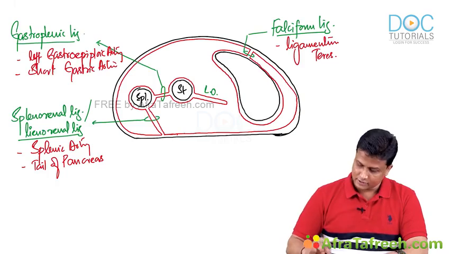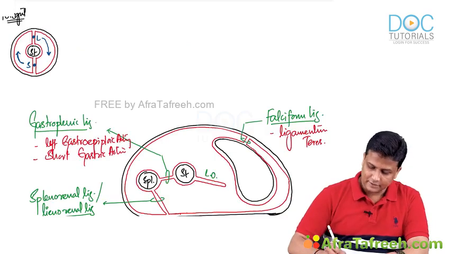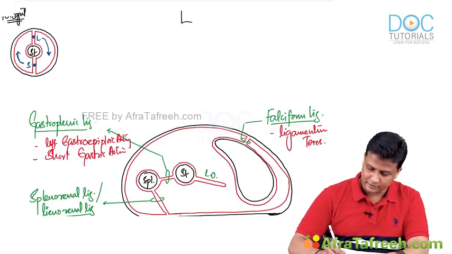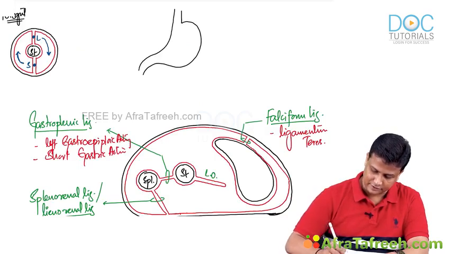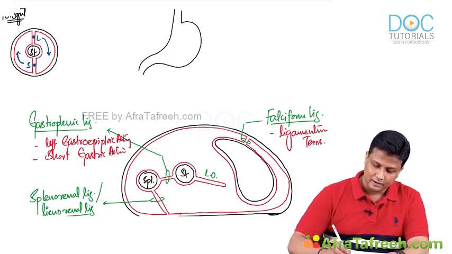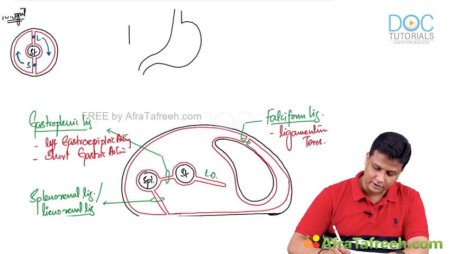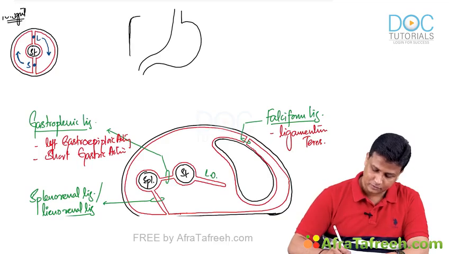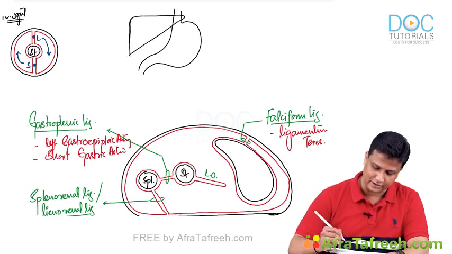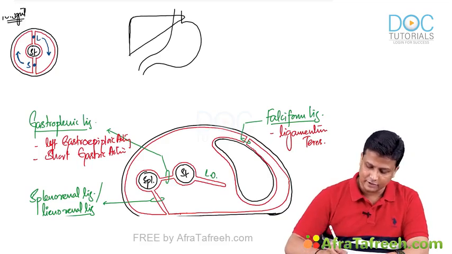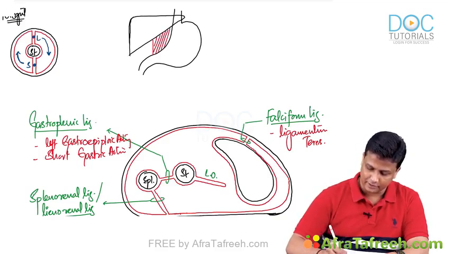Because to understand that, we have to draw one more diagram here. For example, if this one is the esophagus here, then this is the greater curvature of the stomach, and this will be the lesser curvature of the stomach here. And then you just imagine this will be the liver here, guys. Something like this. And between the liver and the stomach, you will have an omentum here.